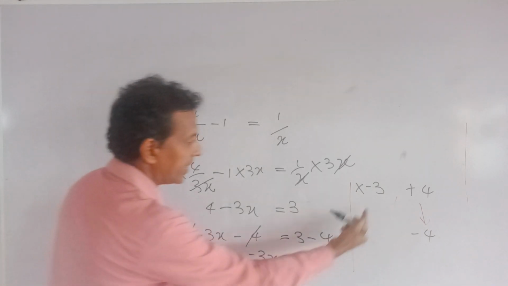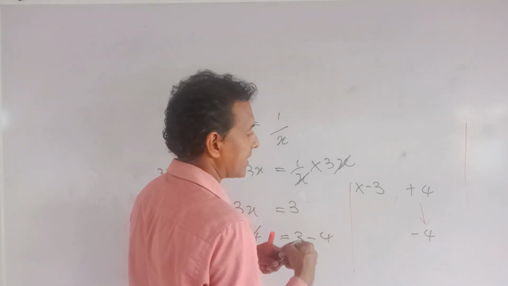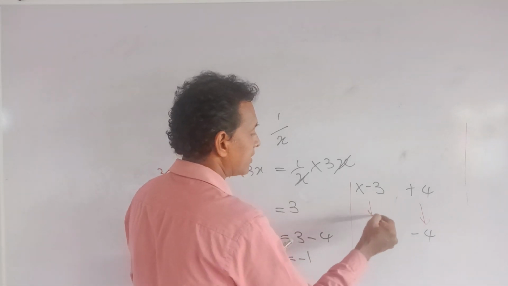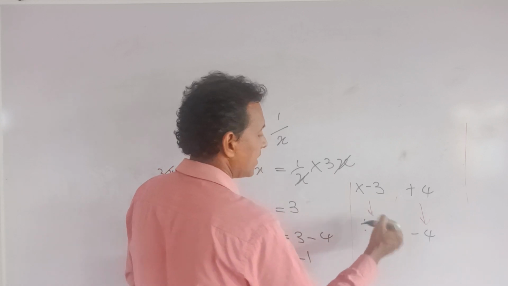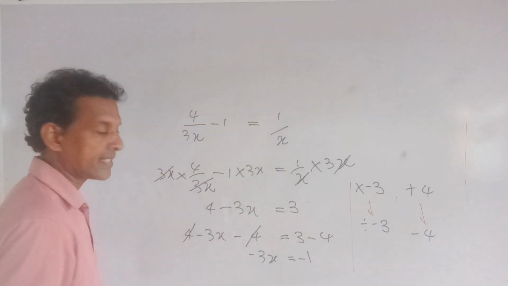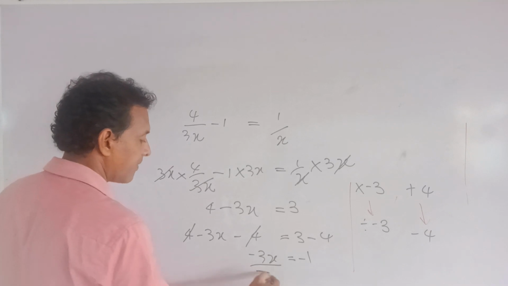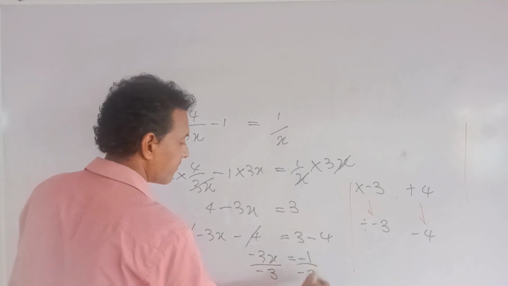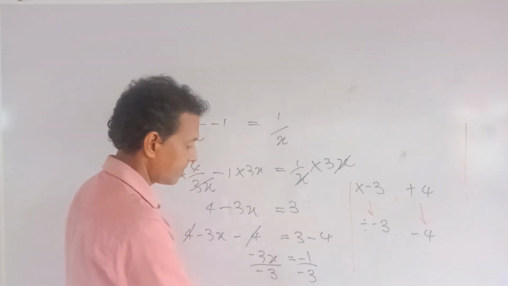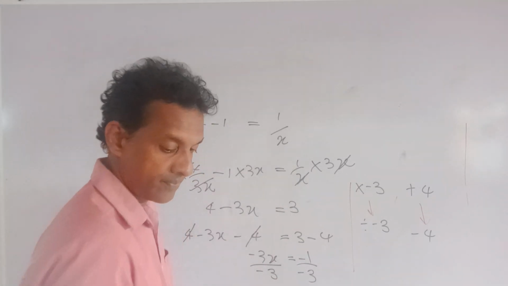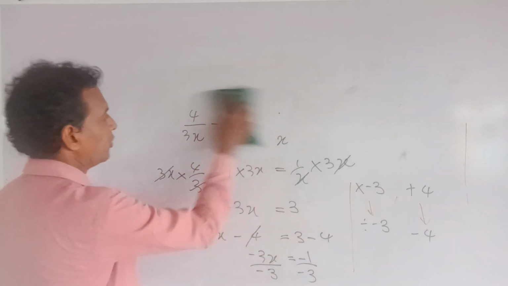So the only operation we have now is what? Multiply by minus 3. Use the inverse operation. Divide by minus 3. Once again, don't forget the sign. So divide both sides by minus 3. Right? So what is the answer?